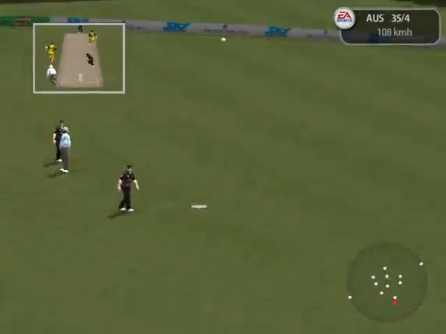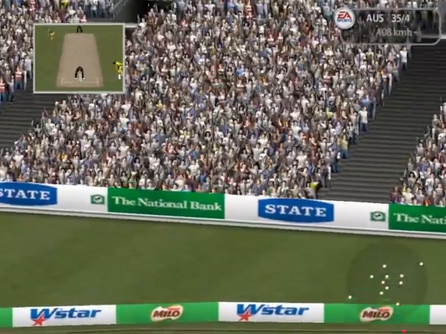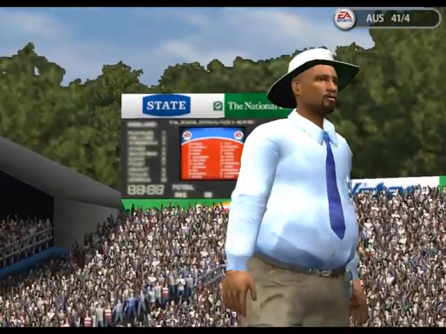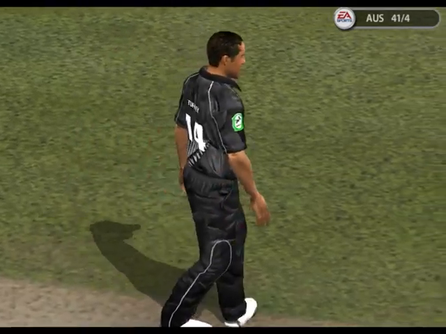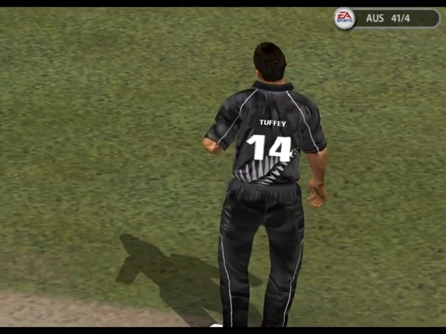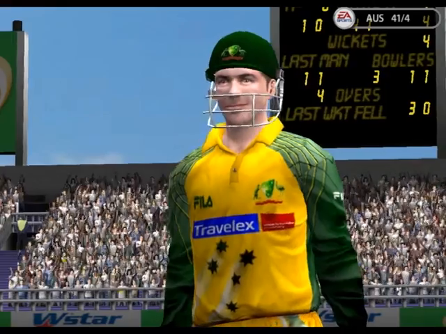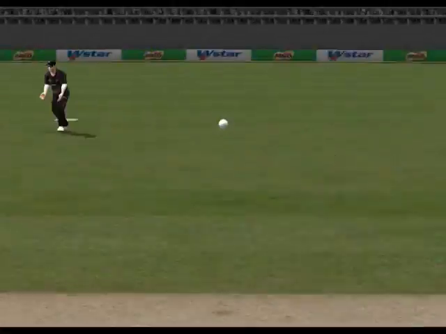Astol is chasing that one. He's got hold of that one. Out to the ground. The straight drive is his favourite shot, and it shows. Let's see the action replay of that.